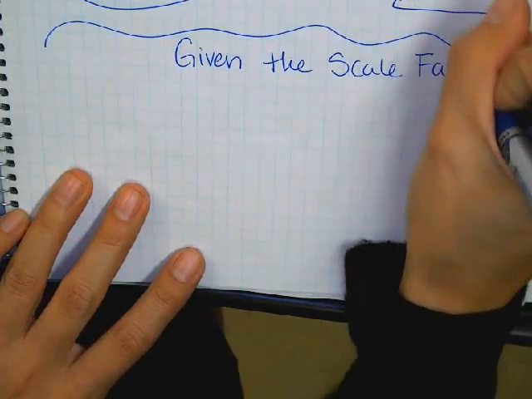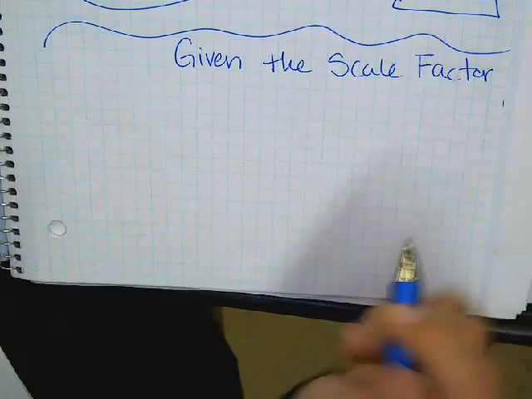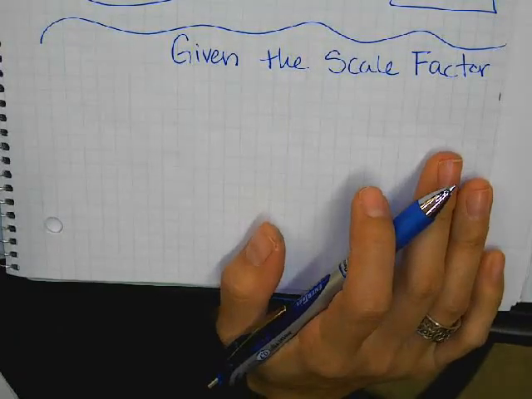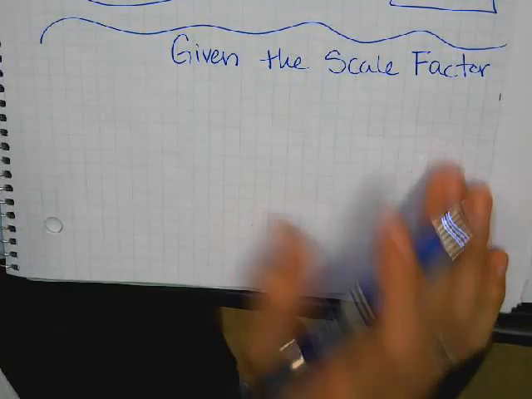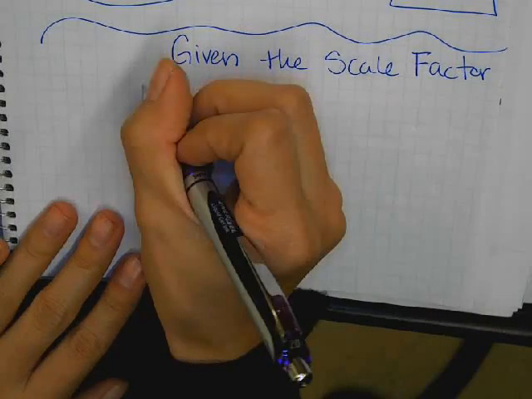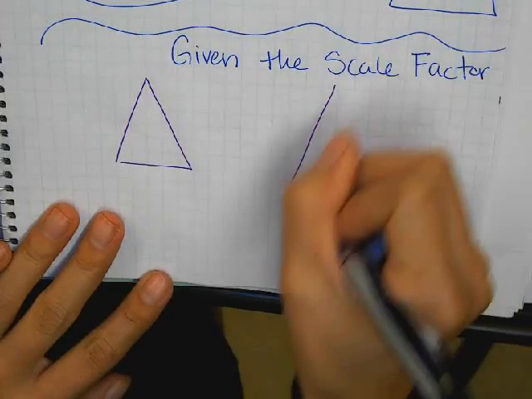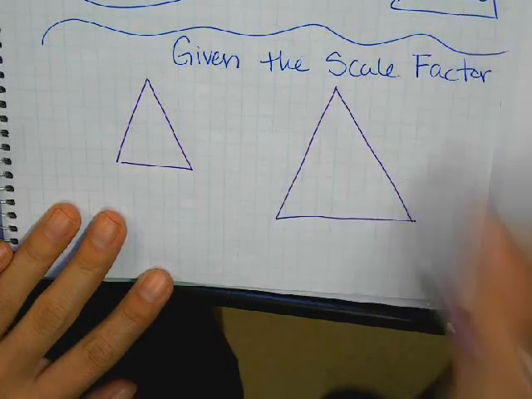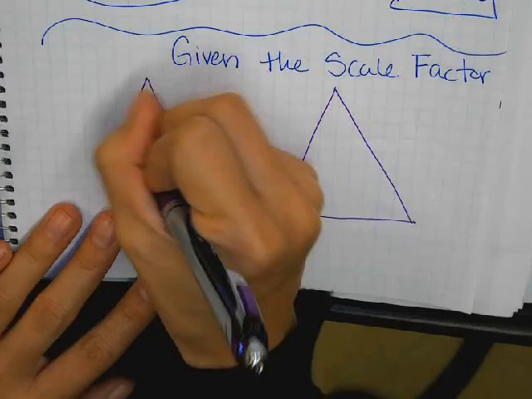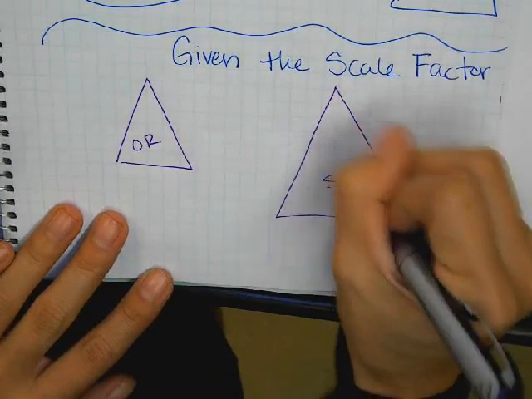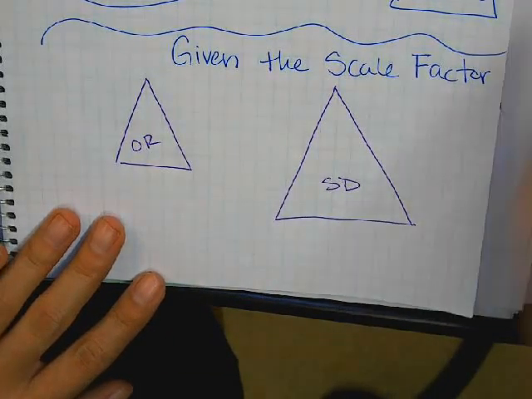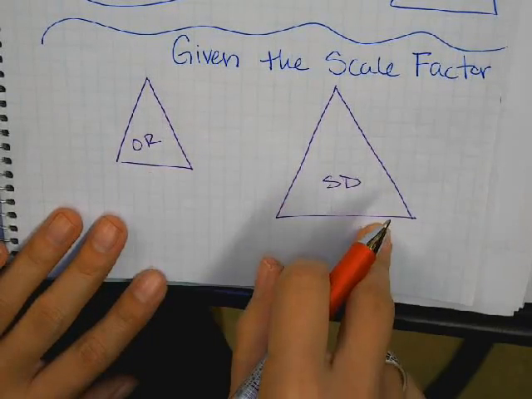So now I actually give you the scale factor. So you're going to do a reverse type of thing: the original, the scale drawing, and I give you the scale factor.